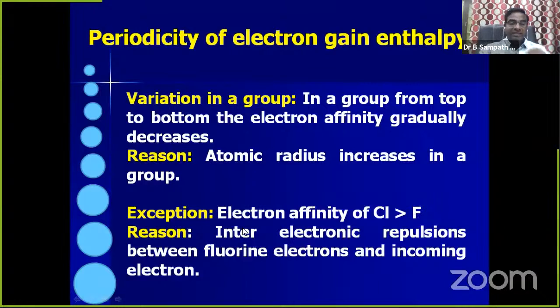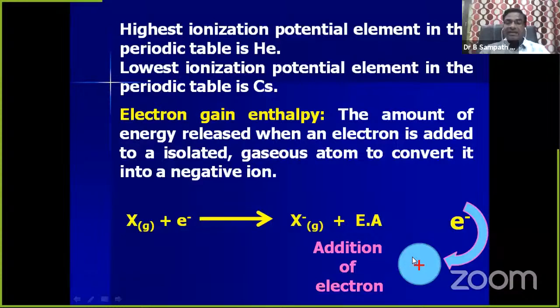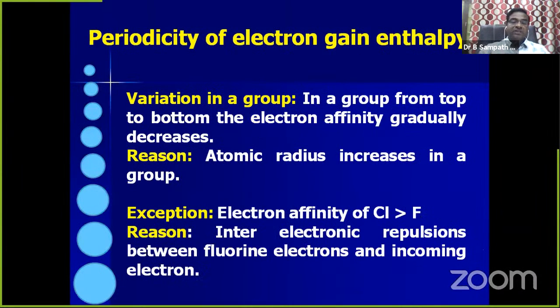That is because of interelectronic repulsions between fluorine's electrons and the incoming electron. If the fluorine electrons are here, there are repulsions between them and the incoming electron, because both have negative charge. Because of those interelectronic repulsions, the energy released is less. So in the case of chlorine, more energy is released, and in the case of fluorine, less energy is released.